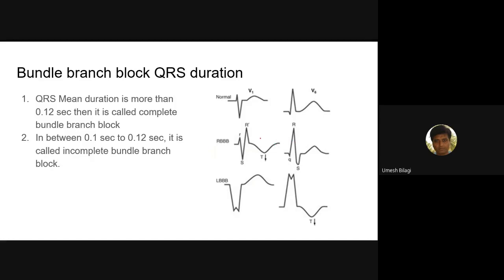In RBBB in V1 we get a W pattern. In V1 here you can see this QS pattern. The M pattern is here, and the W pattern is here. So this is M, this is W.